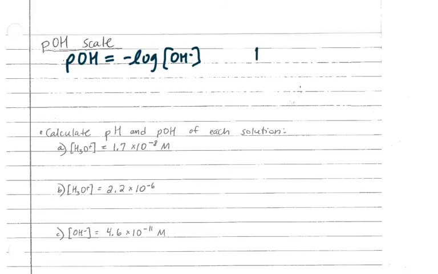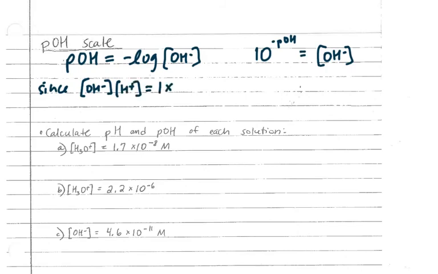And the inverse of this equation is that 10 to the negative pOH equals the concentration of OH, hydroxide. All right? And since the concentration of hydroxide times the concentration of hydrogen ions equals 1 times 10 to the negative 14, the pH plus the pOH equals 14.